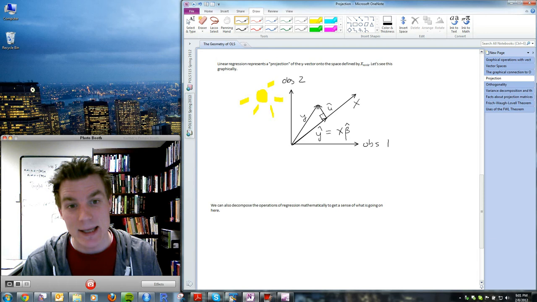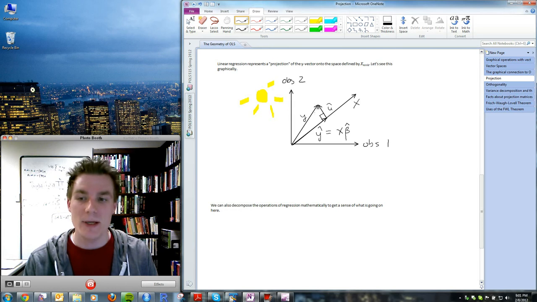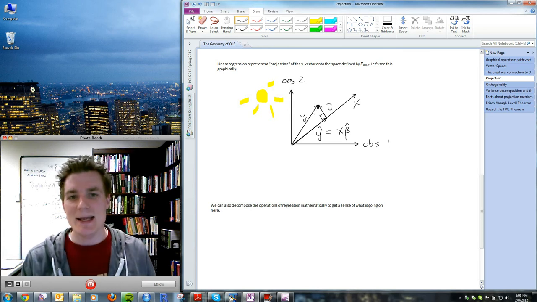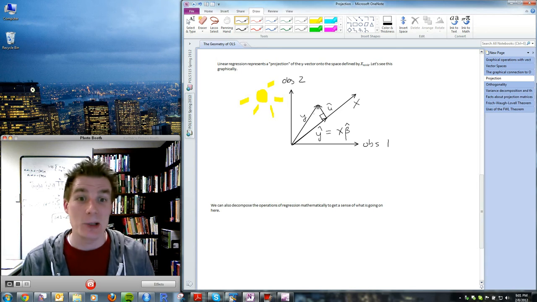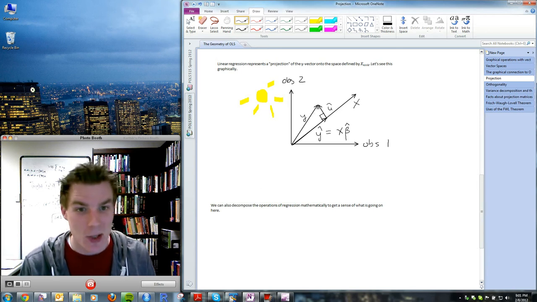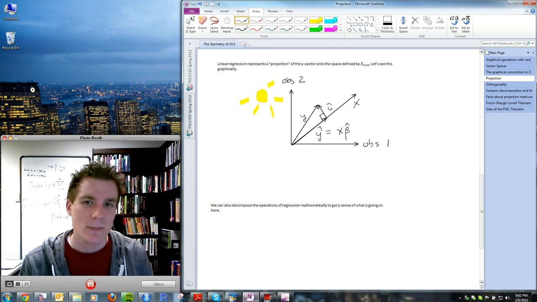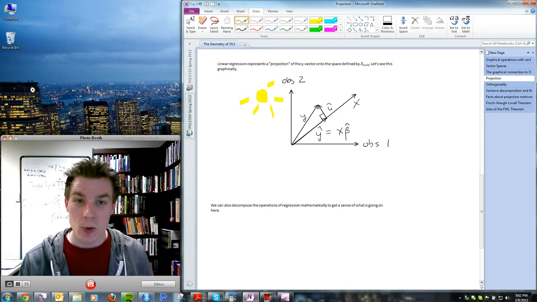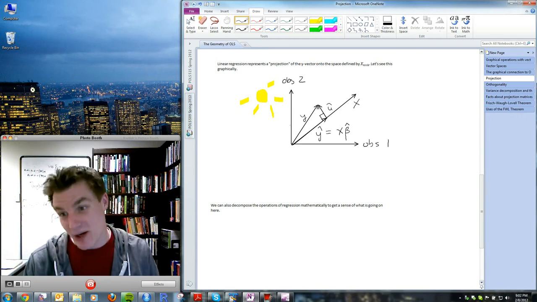U hat is the distance from the tip of the shadow to the edge of the pole floating in space, which is another way of saying it's the part of y that can't be represented by a line on the ground, in this case a line in the space defined by x. So what ordinary least squares regression is doing is creating this projection.